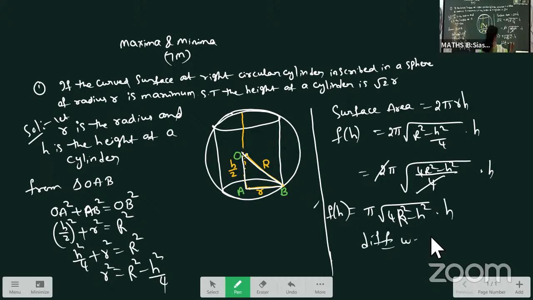Differentiating with respect to h. So f of h derivative, f dash of h. F dash of h is equal to: outside pi as it is, and inside apply UV rule.